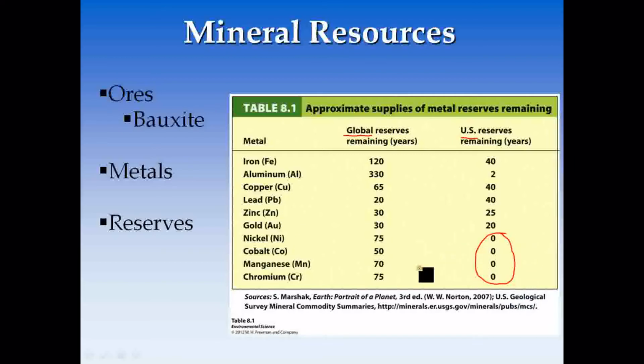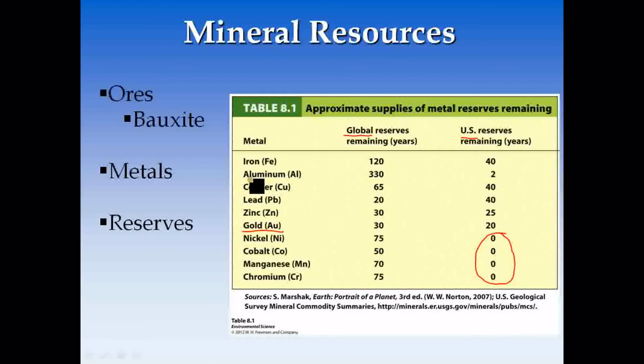We have to import them from other countries. These metals are important in all sorts of manufacturing, as you can imagine. And of course, some of these metals, like gold, are highly valued in society, so therefore they're worth a lot of money.